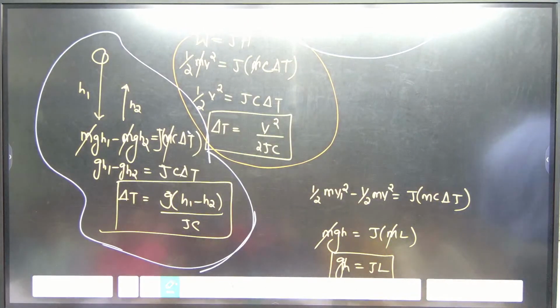Application 3: when a mass m is moving with velocity v, then find the change in temperature.